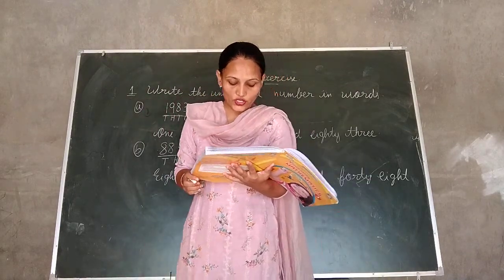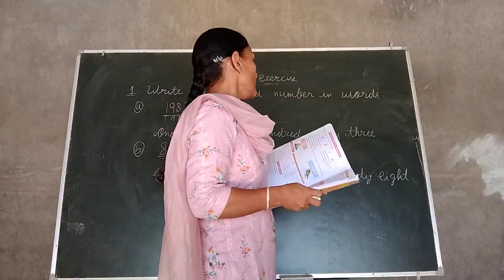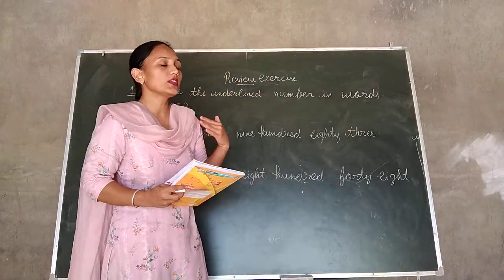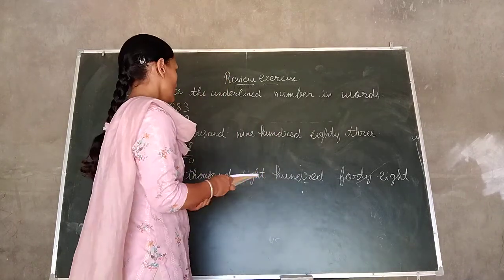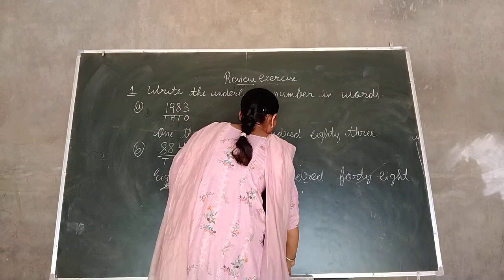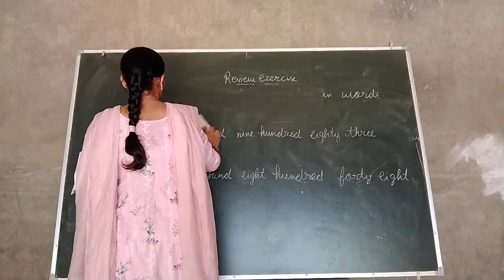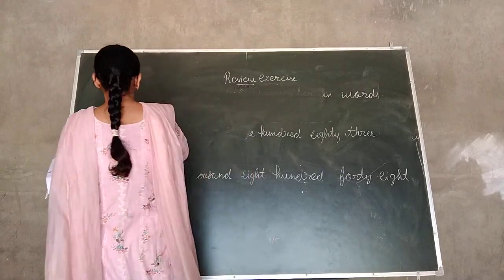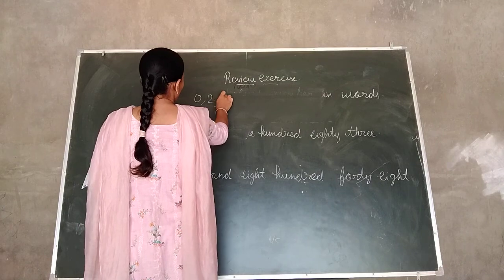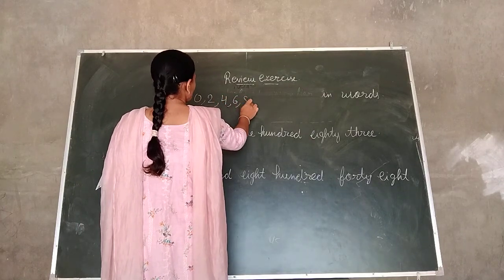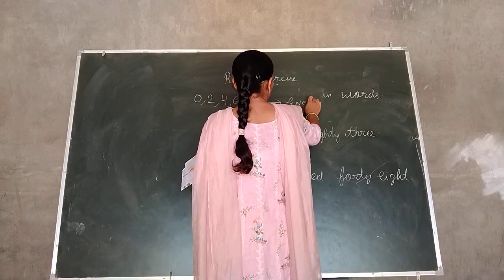Next, second question is: write whether the numbers are even or odd. Now we have discussed in the previous exercise about even numbers and odd numbers. What are the even numbers? If in ones place we have 0, 2, 4, 6, 8, then the number is an even number.